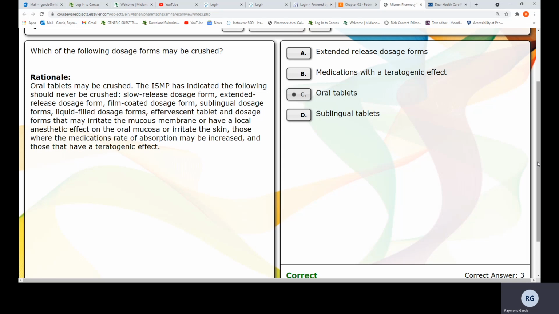The ISMP has indicated the following should never be crushed: slow release dosage forms, which end in SR or XR or something like that; film coated dosage forms like the enteric coated aspirins; sublingual dosage forms, liquid filled dosage forms, effervescent tablets; dosage forms that may irritate the mucous membrane, have a local anesthetic effect on the oral mucosa, or irritate the skin; those where the medication rate of absorption may be increased; and those that have teratogenic effect.